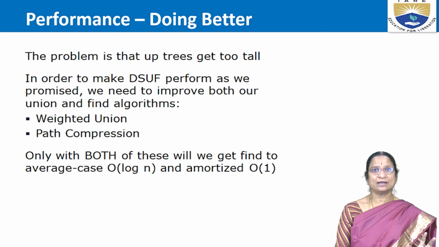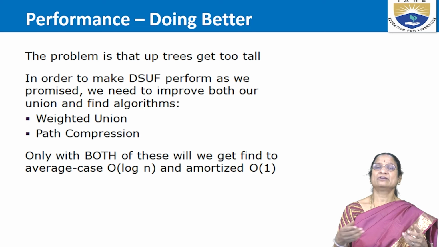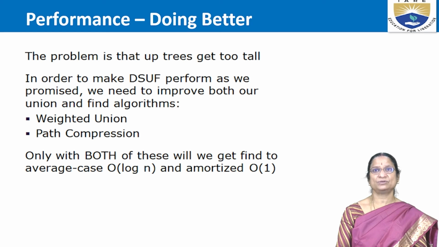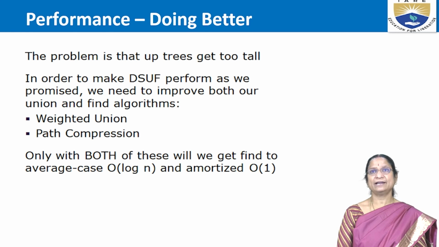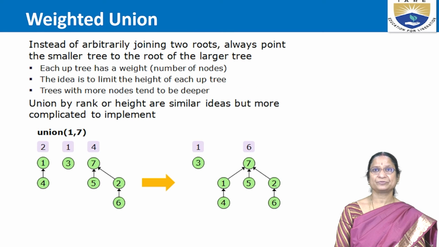These two techniques improve the base algorithms of union and find. For find, the average case is the height of the tree, that is order of log n, and amortized is going to be order of 1. Amortized complexity means the cost per operation individually.